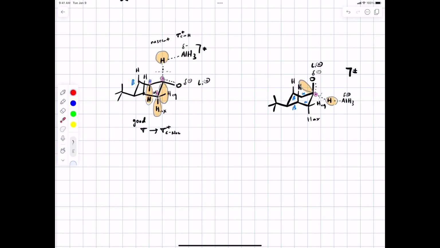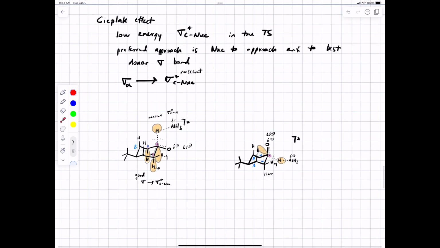So this model, the Cieplak effect, is saying that the better donor, the most electron-rich bond, should be anti to the approaching nucleophile, to best facilitate sigma to nascent sigma star hyperconjugation.